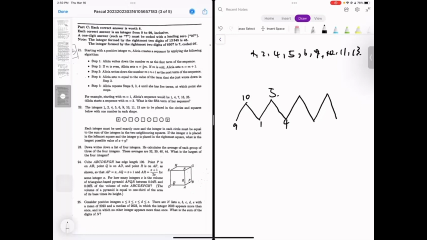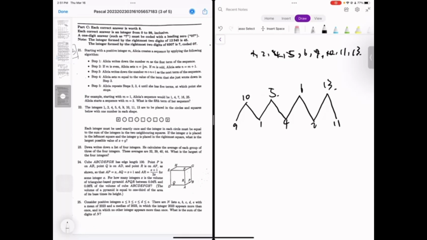Then we know that 5, 4 cross out, and this adds up to 6, and 2, 11 is 13. Yeah, we made it. So this is the largest possible arrangement.